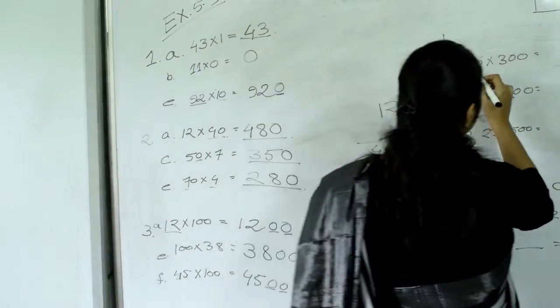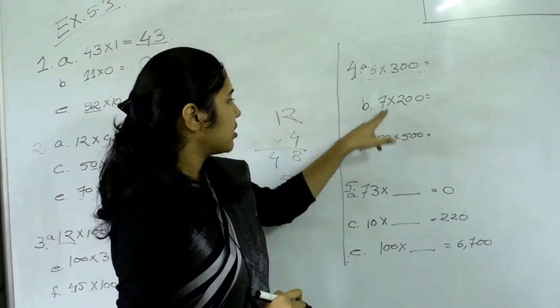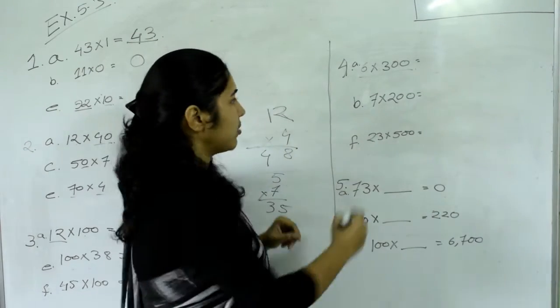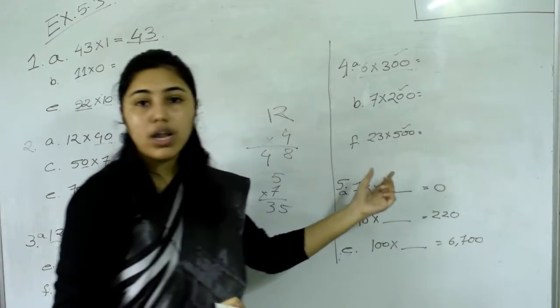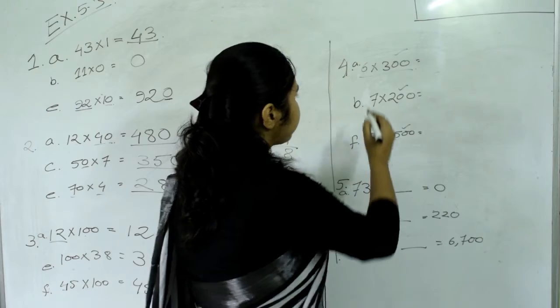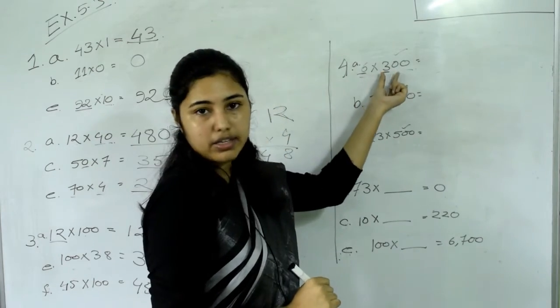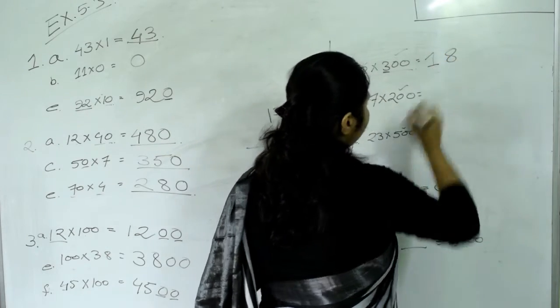Now look at here. 6 into 300, 7 into 200 and 23 into 500. Here 300, 200, 500 all are multipliers of 100, right? So first multiply 6 and 3. 6 3s are 18, right?